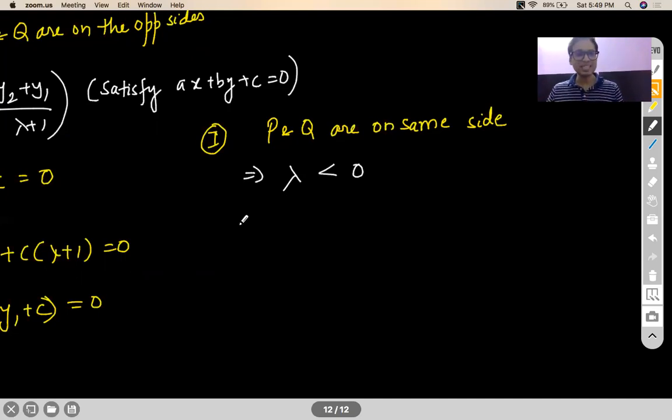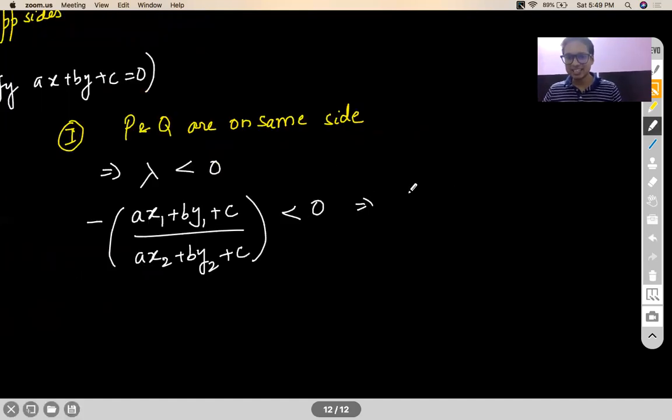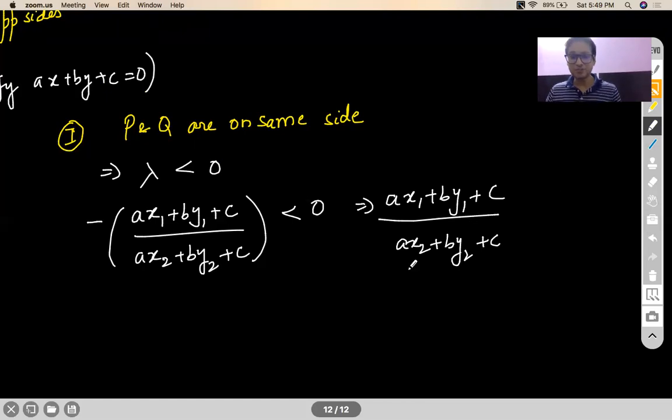If lambda is negative, then this whole ratio is positive.